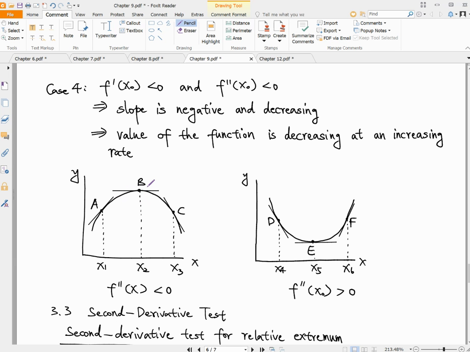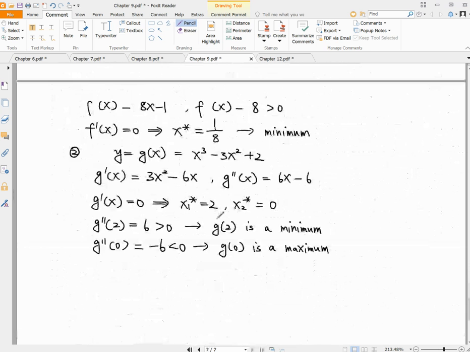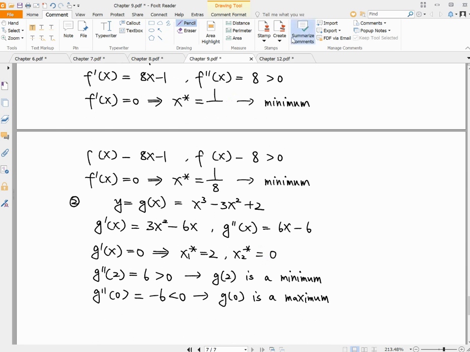Depending on the signs to the left of the stationary point and to the right of the stationary point, depending on the signs of the second derivative, you should be able to find out whether the point is a relative maximum or relative minimum, right? So this is everything about the second derivative test. And again, we have 2 examples for you to remember, right?